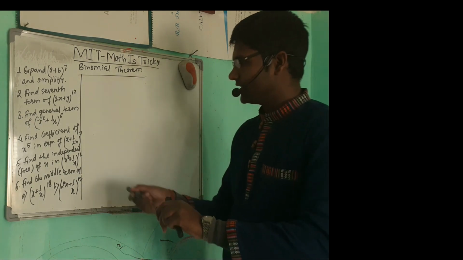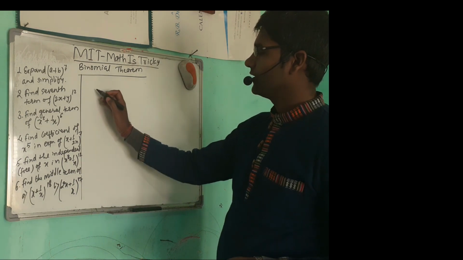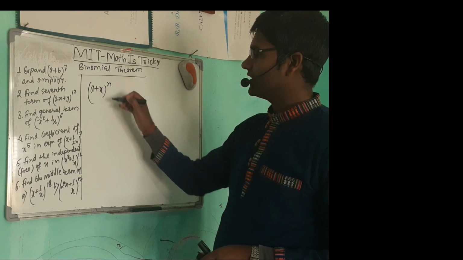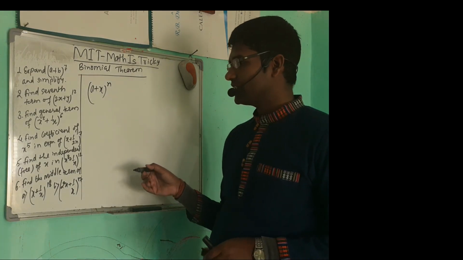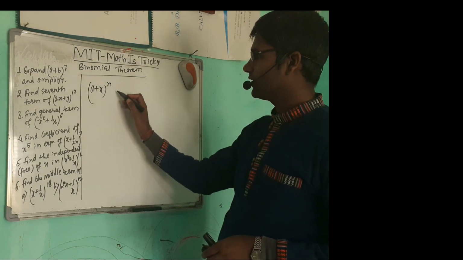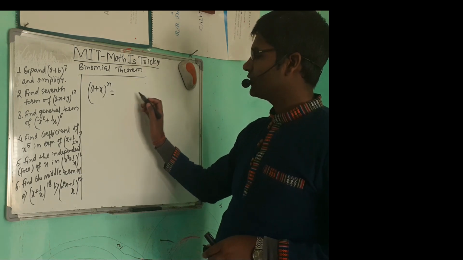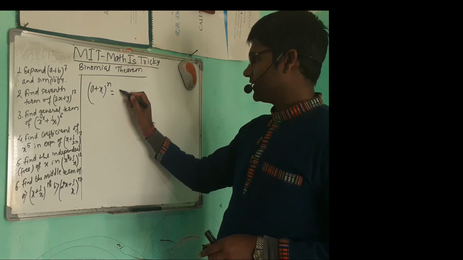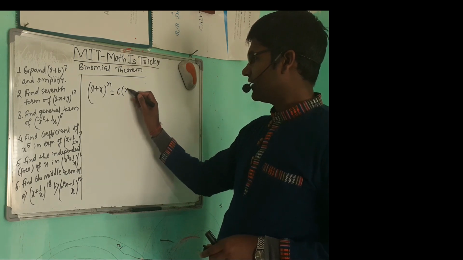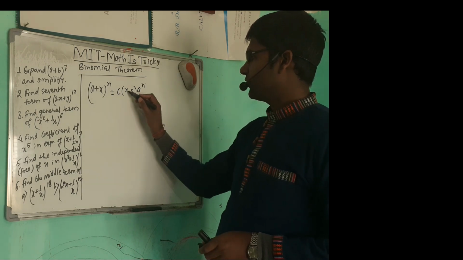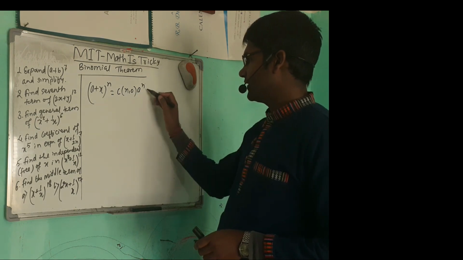So in this case, simply (a + x)^n, we are just writing here for any positive integer, but it is true for any number. So (a + x)^n will simply be, as I told you, C(n,0) a^n, combination of n taking r = 0 at a time.